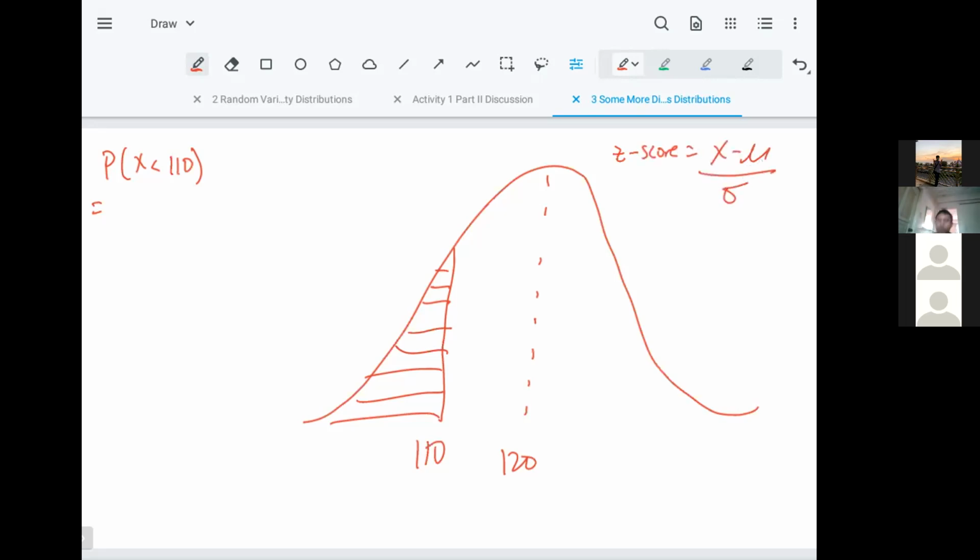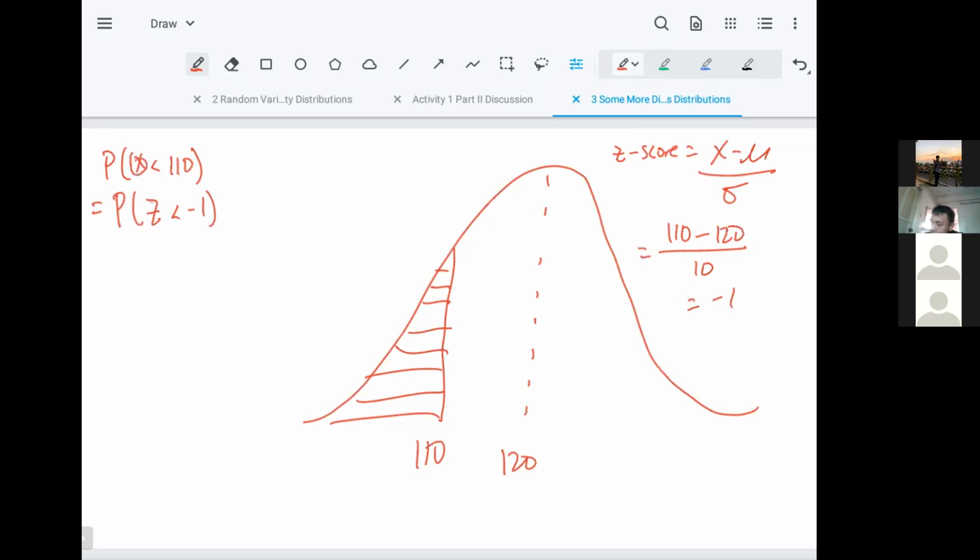Kasama yan sa mga formulas na ililista. We know mu, we know sigma, x is yung 110 na yan. So what's the z-score of 110? That's 110 minus 120 over 10, which gives us -1. So this problem becomes the probability that the z-score will be less than -1.